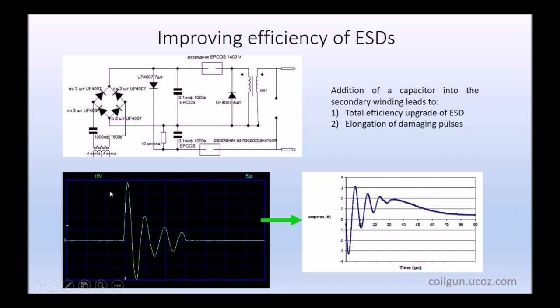You can see that this process takes only about 20 microseconds, with all these oscillations. And now this has a prolonged part with a duration of more than 100 microseconds. So this is much more efficient on a human's body.